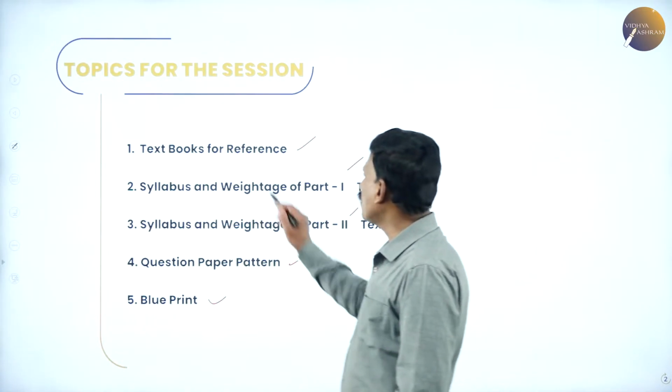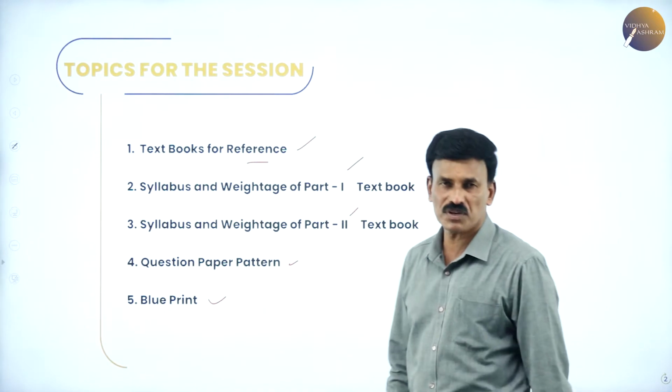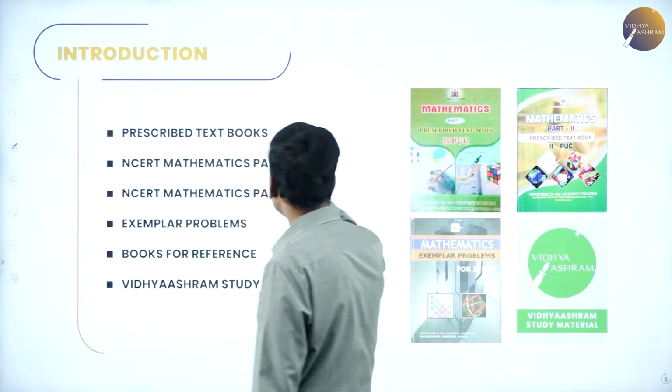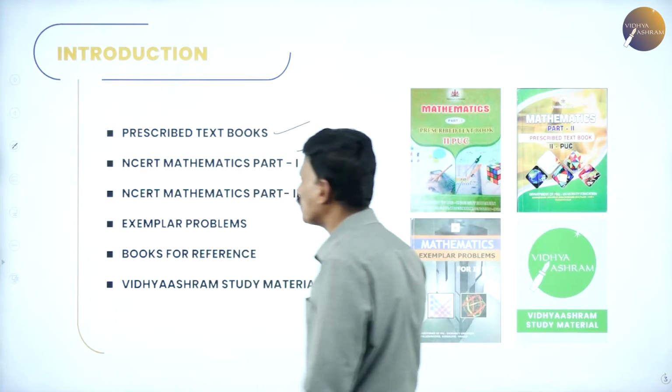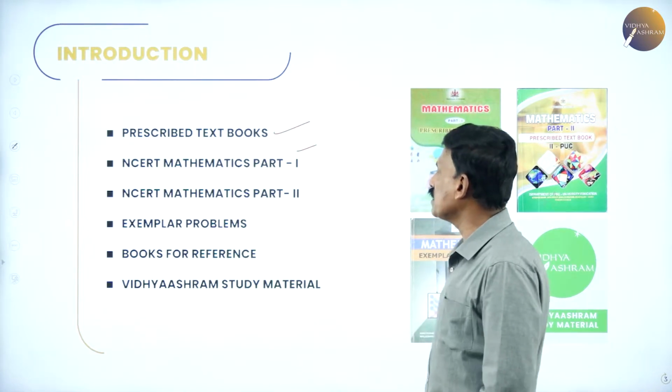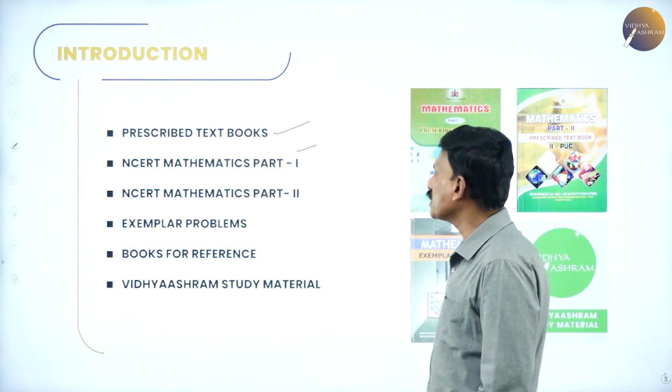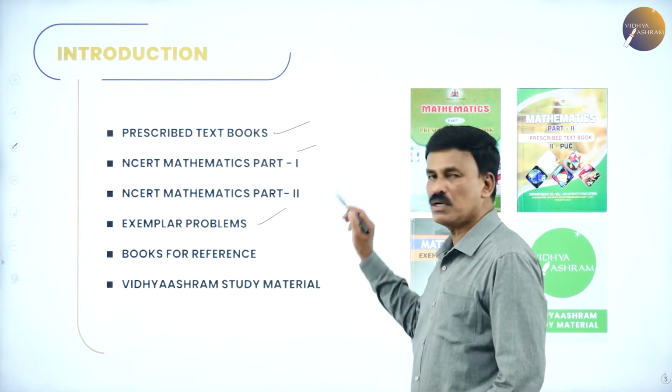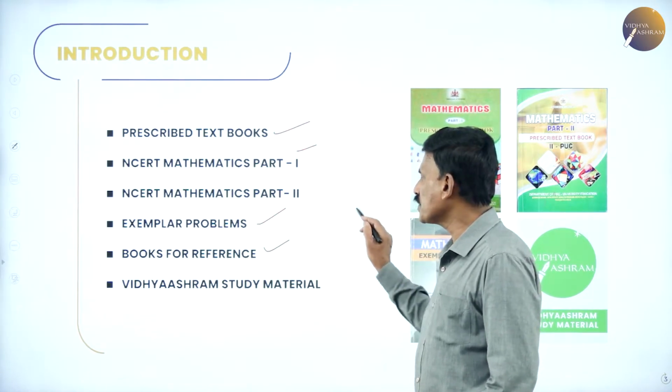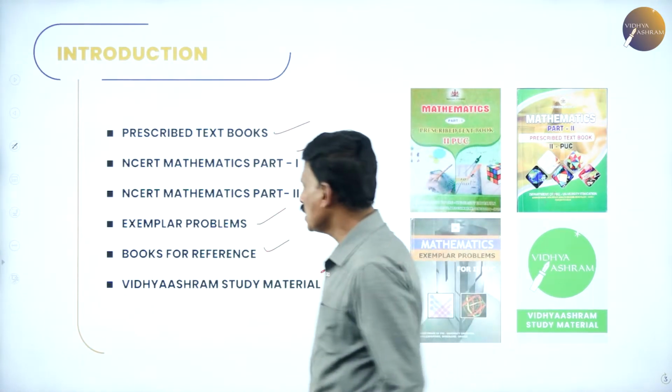Now, let me tell you about the reference textbooks. The prescribed textbooks are NCERT Mathematics part 1 and NCERT Mathematics part 2, and the exemplar problems, as well as the book for reference, which is the Vidhyaashram study material.